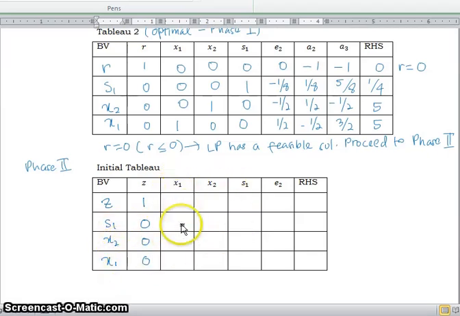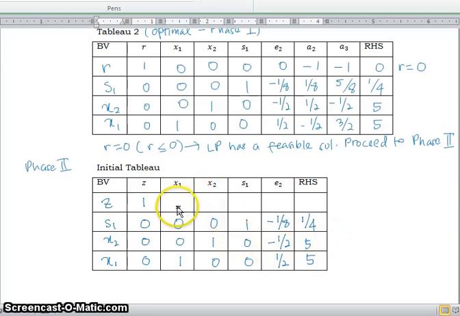Now let's fill in the coefficient of every variable in rows 1, 2, and 3. x1 is 0, 0, 1. x2 is 0, 1, 0. s1 is 1, 0, 0, and e2 is negative 1 over 8, negative 1 over 2, and 1 over 2. The right hand side for every row is 1 over 4, 5, and 5.